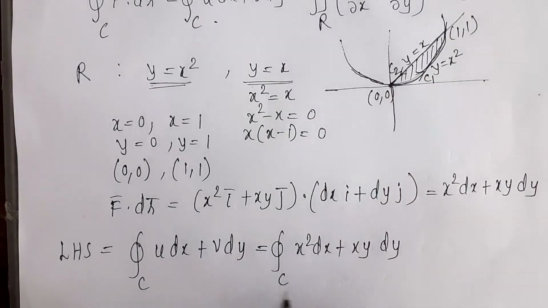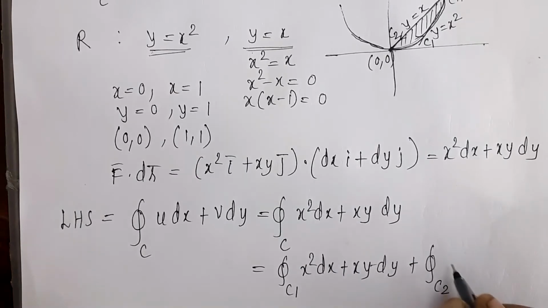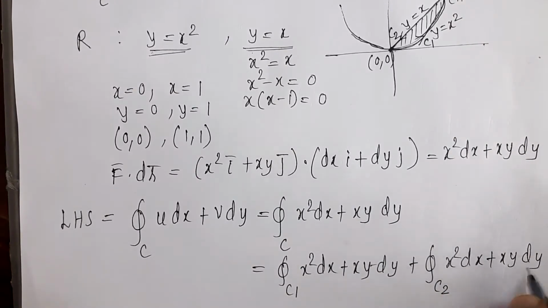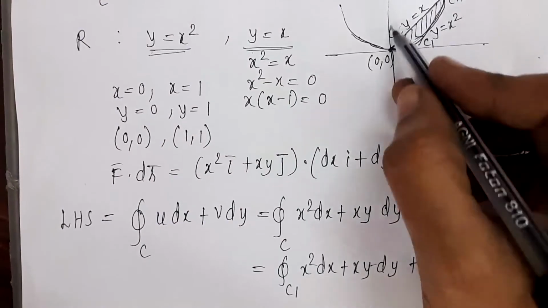Now we can write the integral over C of x² dx plus xy dy as the integral over C1 of x² dx plus xy dy plus the integral over C2 of x² dx plus xy dy. So we divide the given curve C into two parts, C1 and C2.